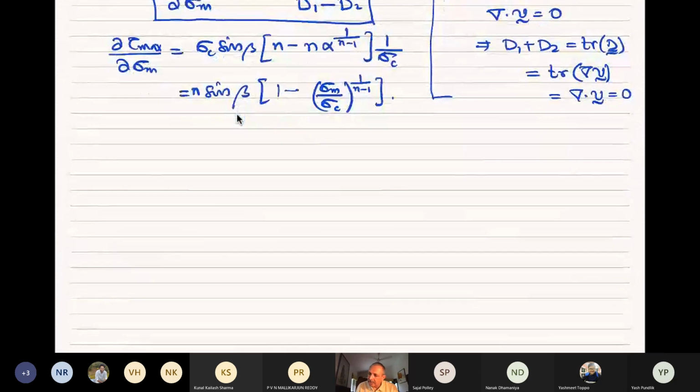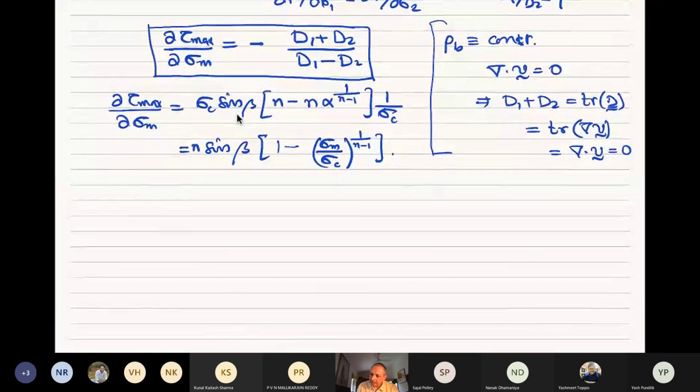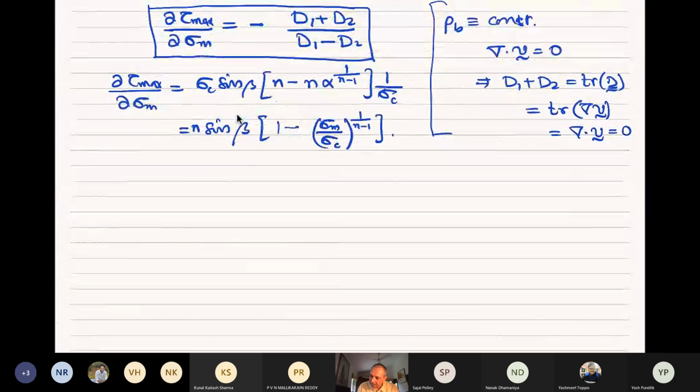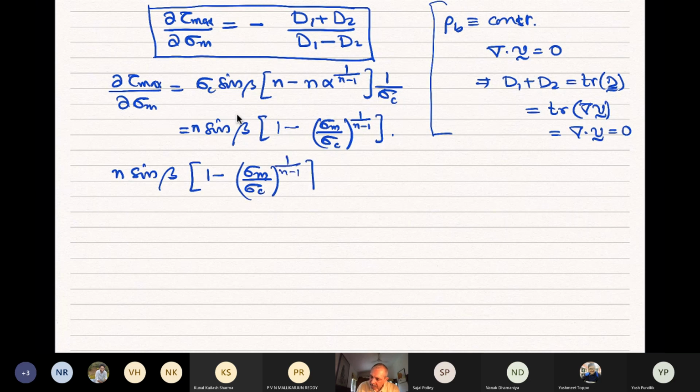And now we have a nice relationship between these two quantities, and we see that we get n sine of beta into 1 minus sigma m by sigma c raised to the power of 1 upon n minus 1 is equal to d theta theta plus drr divided by d theta theta minus drr.